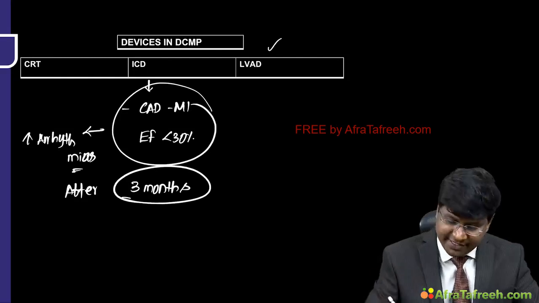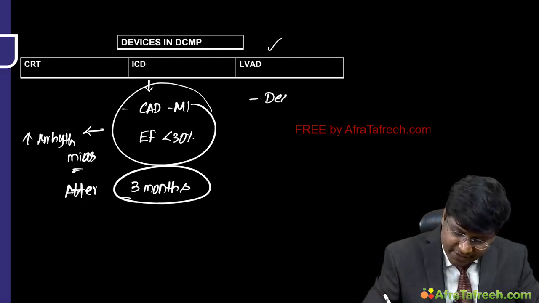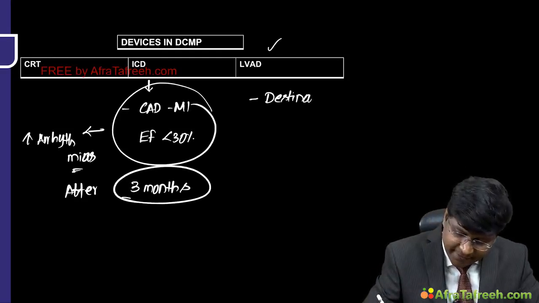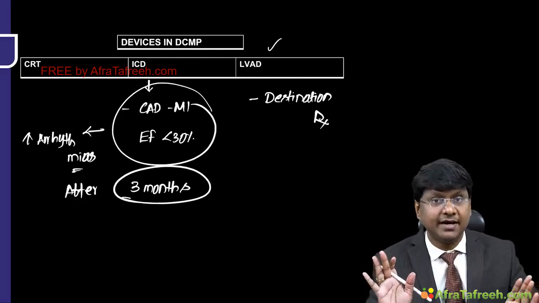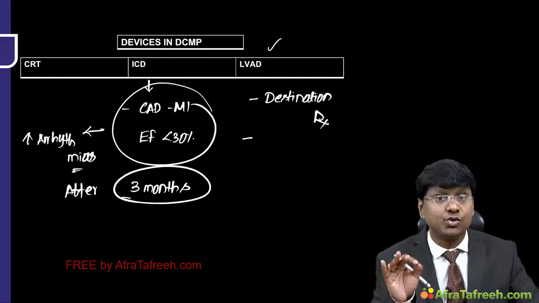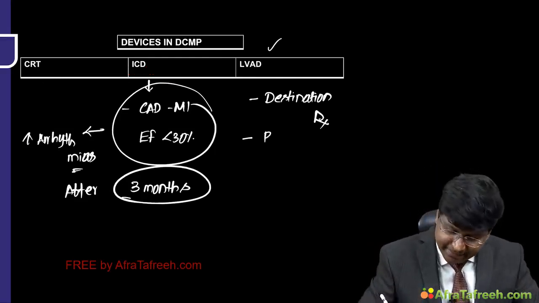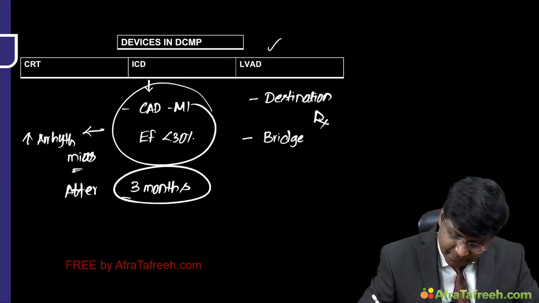The other important device is the destination therapy, right? What is this destination therapy? So that includes the left ventricular assist device, right? Left ventricular assist device. So what exactly is this? It is a bridge transplantation therapy, right?